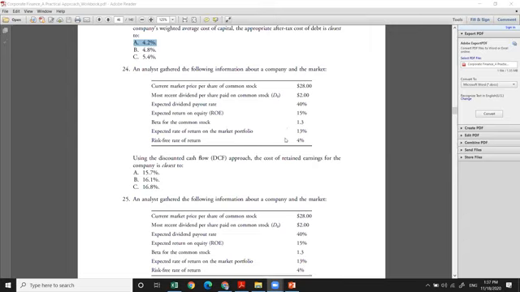First of all, in this question you need to find the expected return, but here they say find the cost of equity.